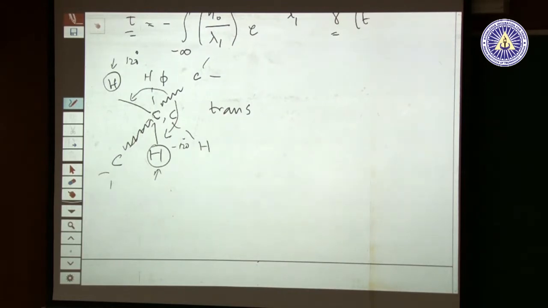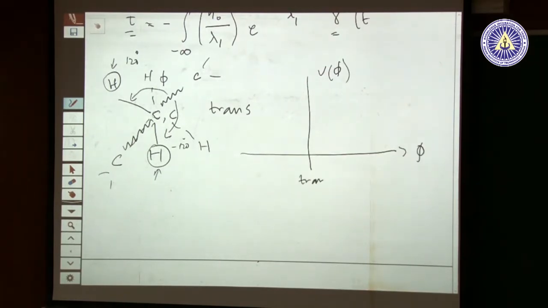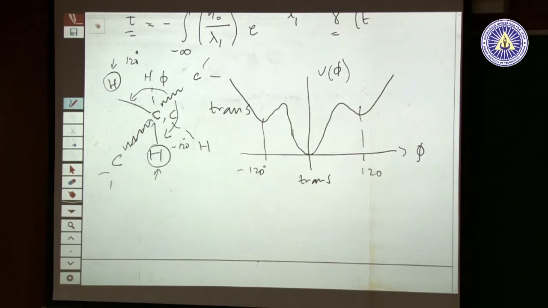So, if we were to draw the effective potential as a function of phi, the trans configuration has the lowest energy, and the gauche, and this is perfectly symmetric, this would be minus 120 and this would be plus 120. They are less energetically favorable.